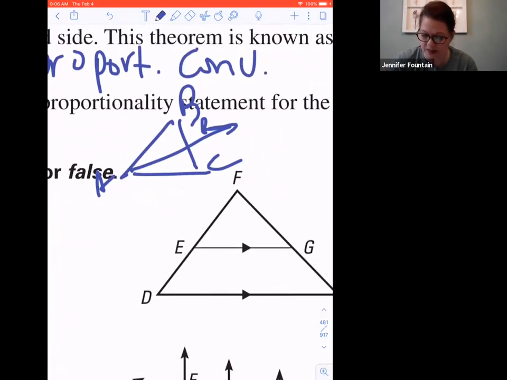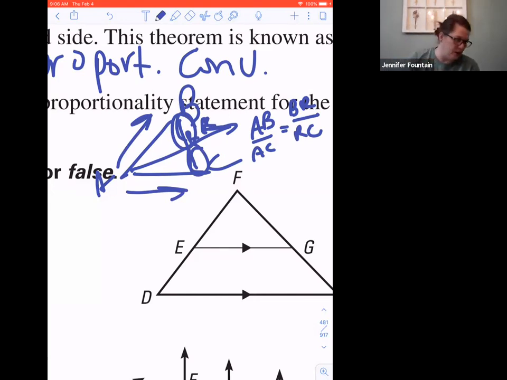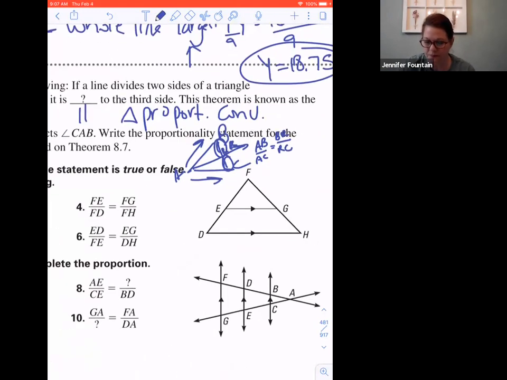So basically, if I'm looking at this, then that means that you could either start it as AB over AC is proportional to BR over RC. And actually my R, we can put him closer to here. Okay, so basically I've said that this side over this side is proportional to this segment over this segment. Okay, so AB over AC is equal to BR over CR or BR over RC. Yeah, RC, either way.